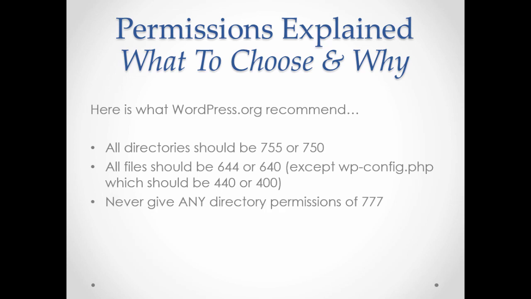And one last thing, never give any directory permissions of 777. And the reason for that is that you're basically letting anybody get read, write and execute access to that directory. And from a security point of view, that's the most dangerous thing you can do.